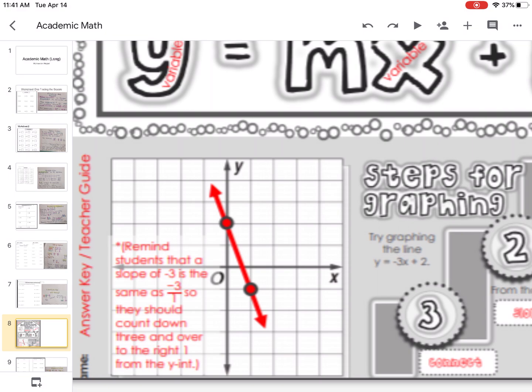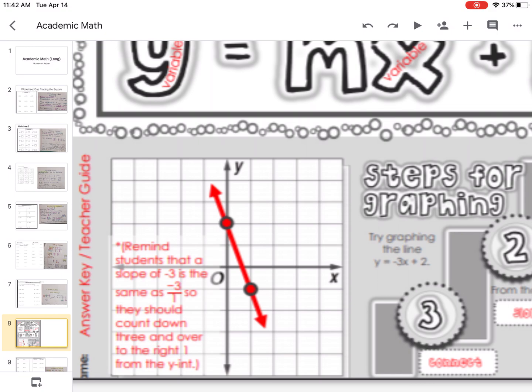The y is going up and down. The x over to your right is going across. So my starting point on this graph is 2 squares up from 0, okay? So I'm up 2. I start at 2, okay?